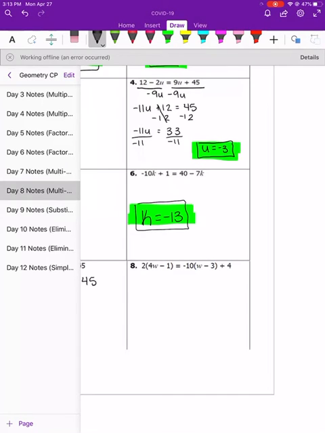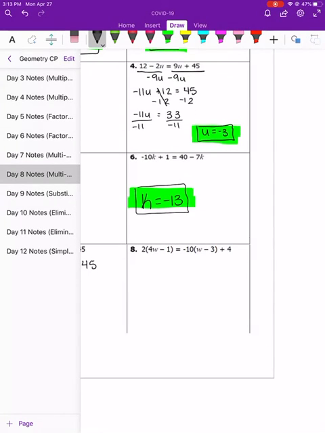And then our last one is 8. I'm going to work 8 all the way through. So I have to distribute twice because I have 2 times in parentheses 4w minus 1. And I also have a negative 10 times in parentheses w minus 3. So I'm going to distribute.